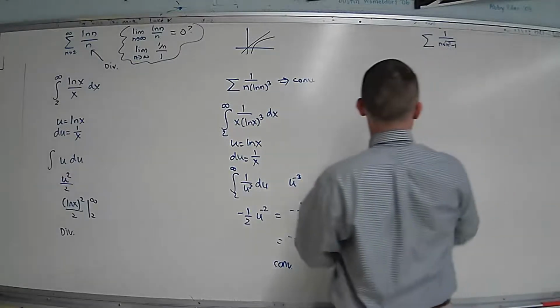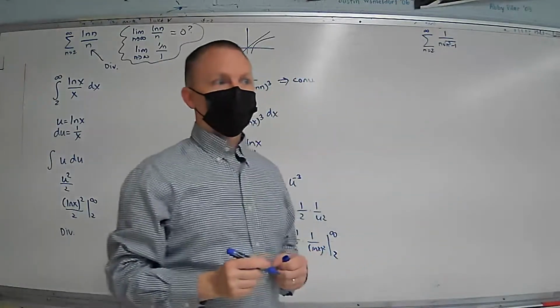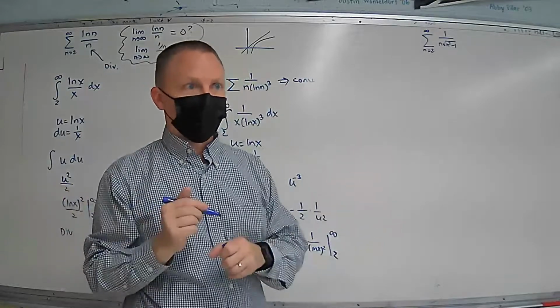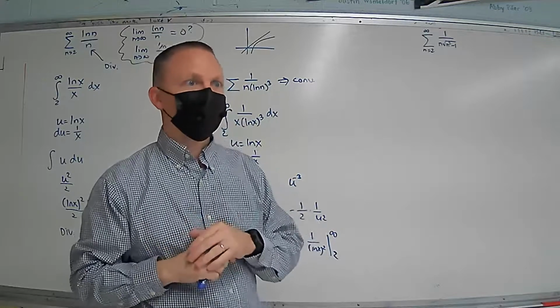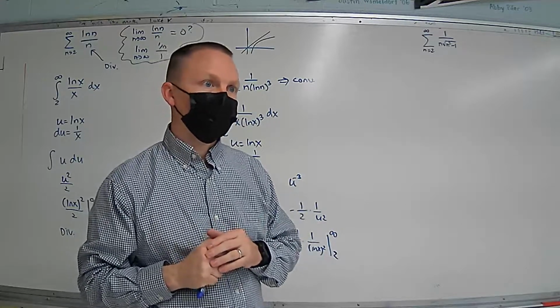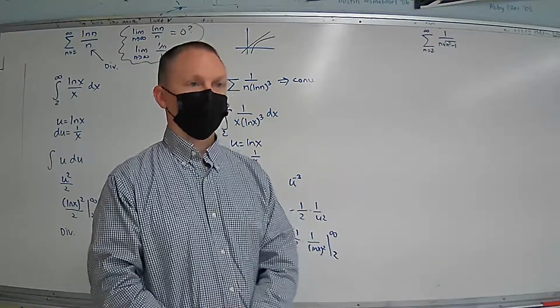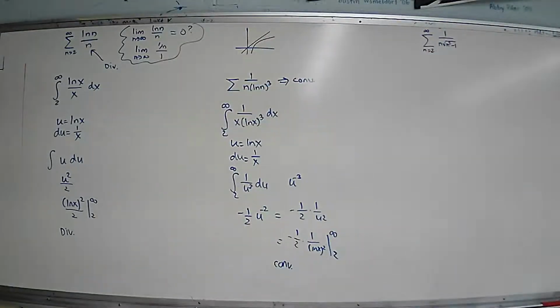If this series accidentally started at n equals 1 instead of 2, we wouldn't even be having the discussion. If the problem isn't possible, it's not possible. Or you just ask the teacher. I think this is a typo. I'm not going to intentionally give you one that's not possible. The terms have to be able to be defined in order for you to have a series.